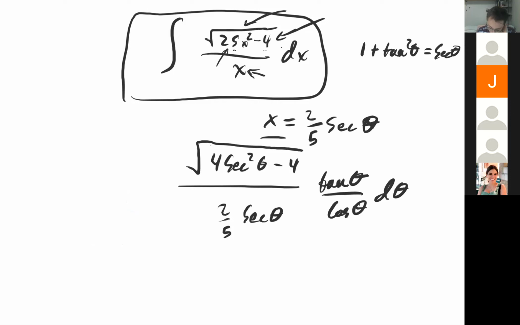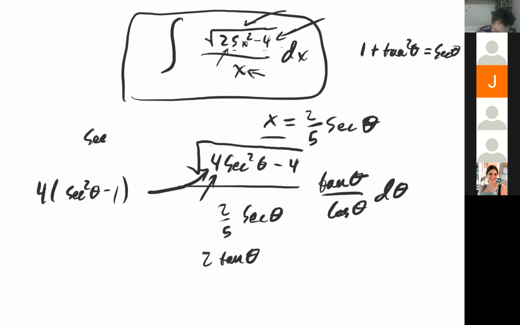Cool. So now this is very good because this becomes 2 tan theta, because, oh, okay, let me show some steps. This is 4 times secant squared theta minus 1, and secant squared is equal to 1 plus tan squared. So you get, oh, that should be an absolute value.